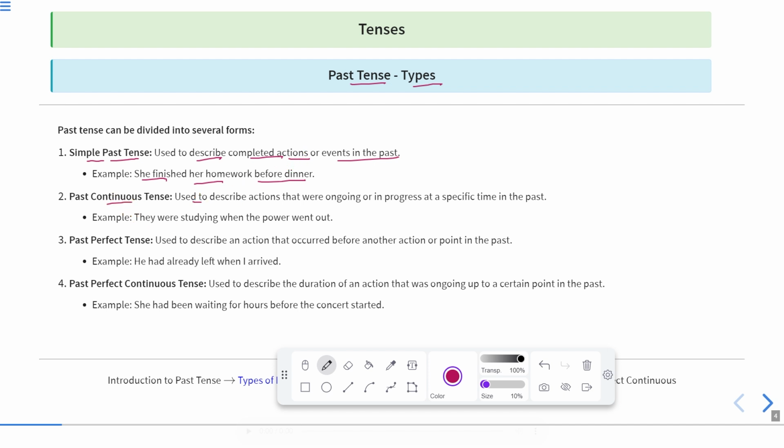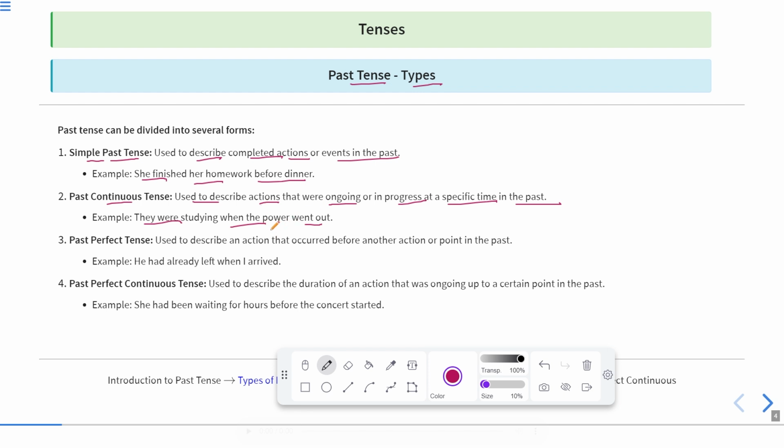Past continuous tense is used to describe actions that were ongoing. Now, whenever we see the word continuous, continuous shows something which is in continuation. Okay, but because we are talking about the past time, here we'll write those actions that were ongoing but in the past. Okay, they are not going on right now, but they were going on in the past. Here, that were ongoing in progress at a specific time in the past. For example, they were studying when the power went out.